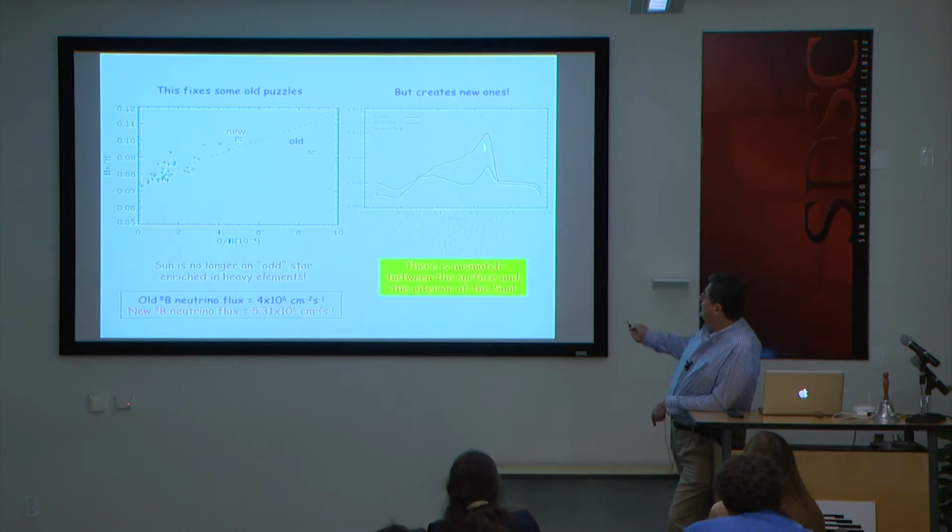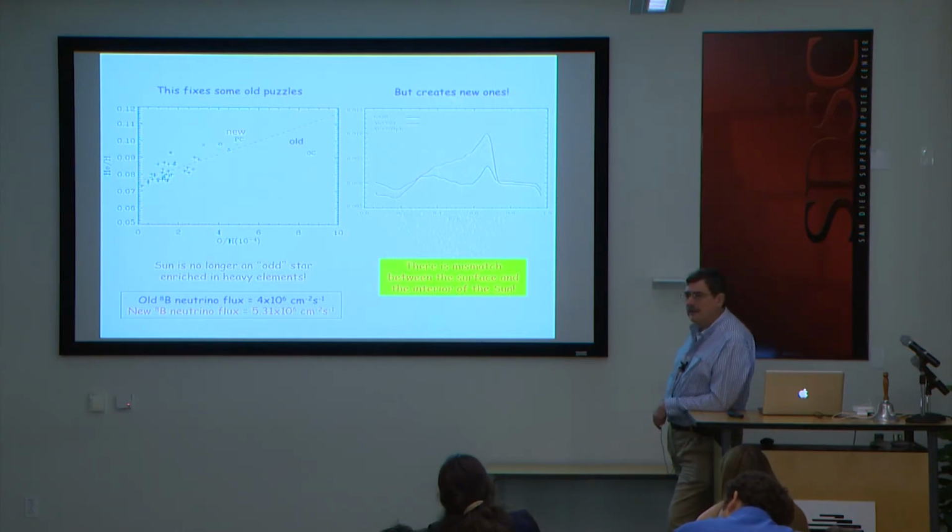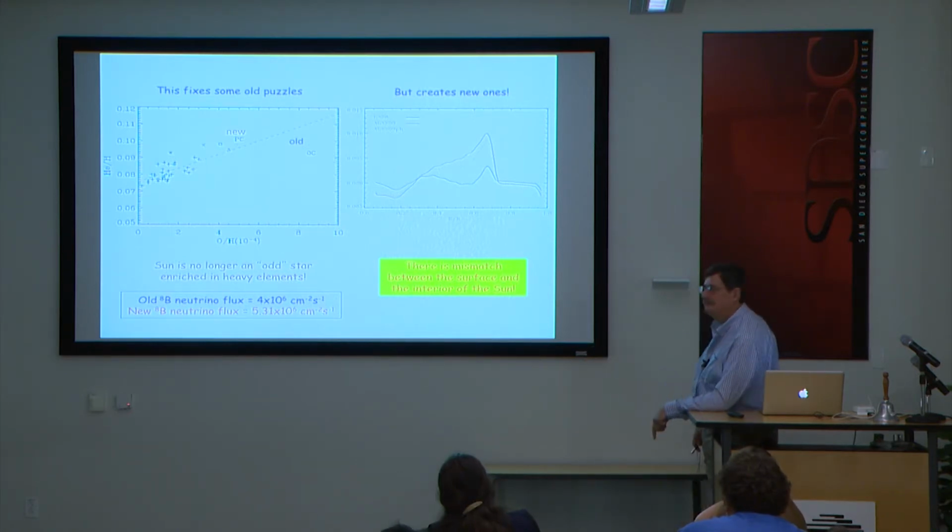So clearly, you deviate quite a bit in the sun, within the radiative zone of the sun. So in some sense, there's a mismatch between the surface of the sun and inside of the sun right now.